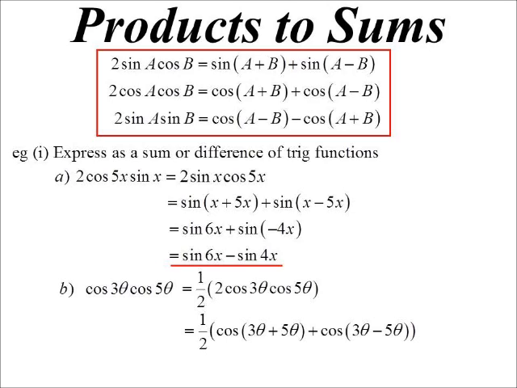Thus why it's a plus in the middle rather than a minus in the middle. 5 plus 3, of course, is 8. 3 minus 5 is minus 2, but again, that looks a bit messy. Cos, odd or even? Yeah, so if you think of that graph, you could fold the cos graph on itself. So cos of minus 2 theta would be the same as cos of 2 theta.